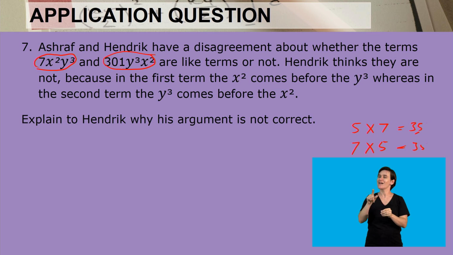So in this case, if x squared comes first, like in the first term, or it's written at the end, like in the second term, they are still the same. So these are like terms. That x squared and that x squared and the y cubed can then be added together as like terms.